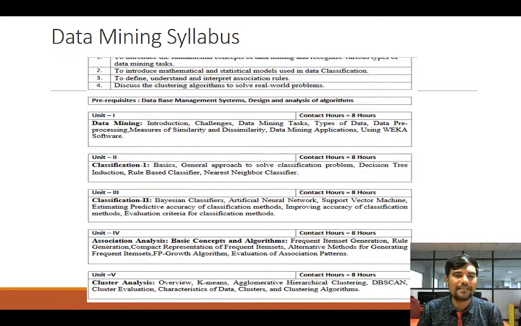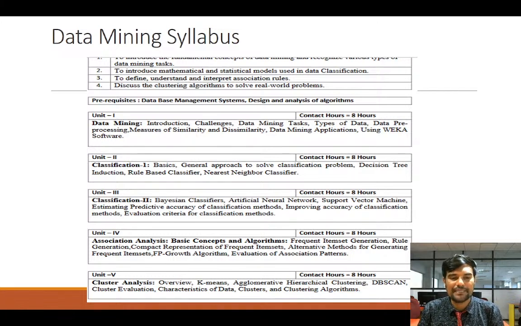That will be studied in classification 2, that is in unit 3. Coming to unit 4, we study association analysis, what frequent itemset generation is, how to identify frequent patterns, and which algorithms are available for finding frequent patterns.